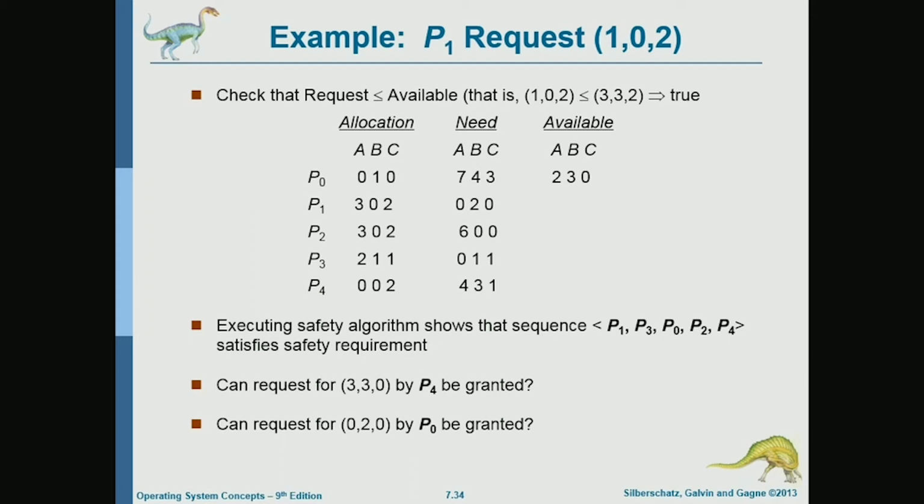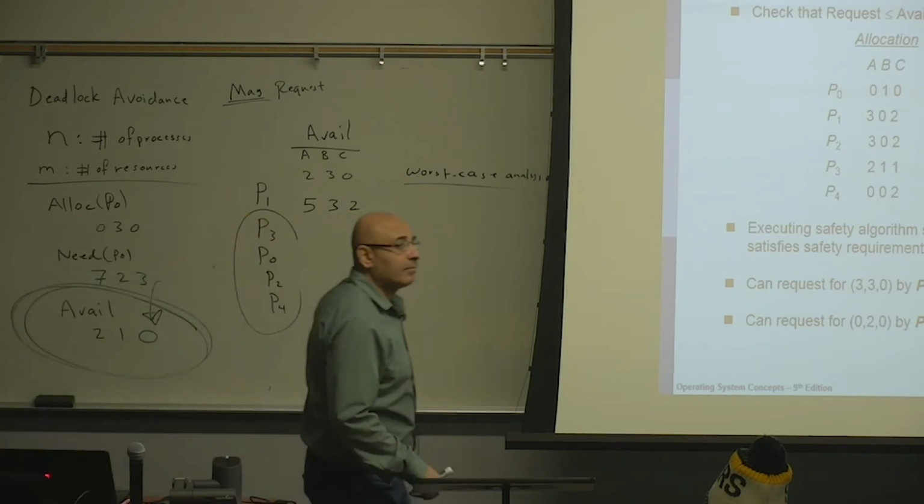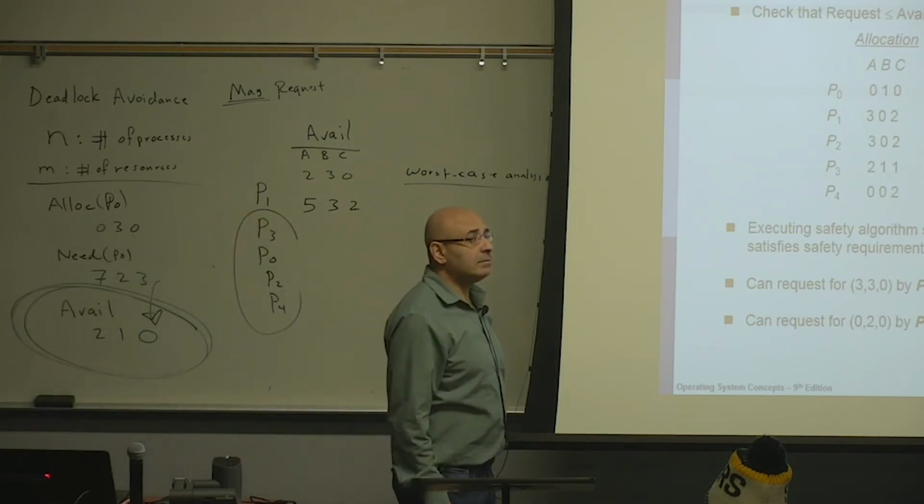So we temporarily satisfied the request and did the analysis. That led to an unsafe state, so we undo the change and go back to the previous state, because the objective here is to stay in a safe state. Okay? Questions? While this is going on, it's possible that new requests are coming in, right?